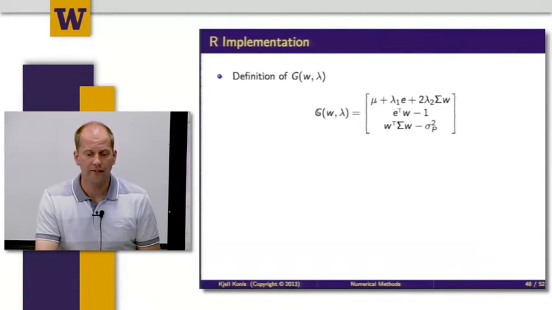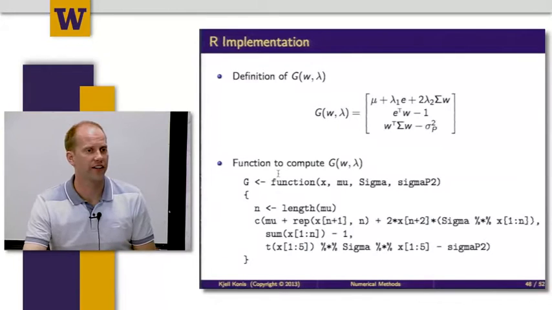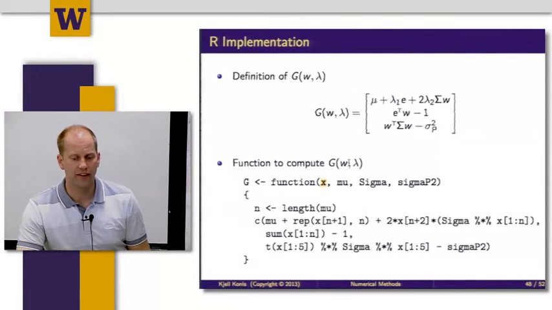So this was the definition of the function g of w and lambda. And so I can write an R function to compute this. So again, this vector x is going to be w, and then the last two elements are going to be lambda 1 and lambda 2. So x, if w has n elements, then x is going to have n plus 2 elements.